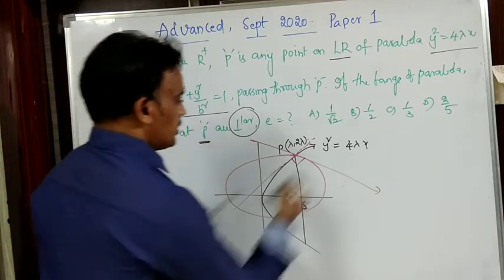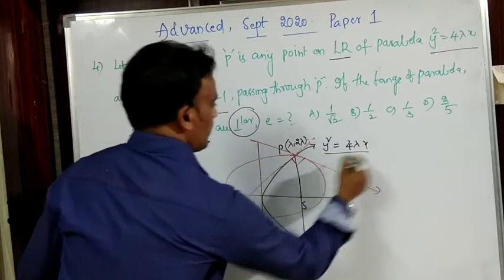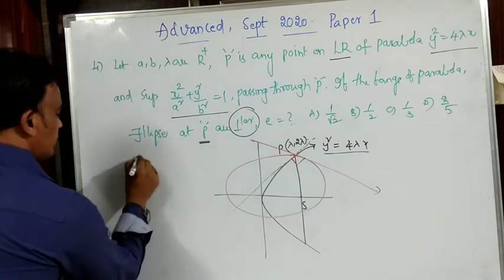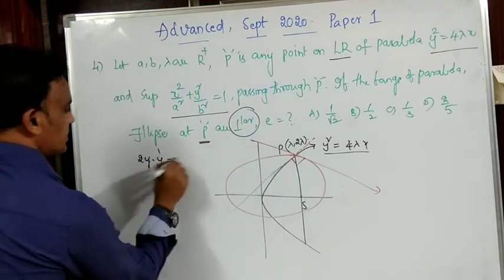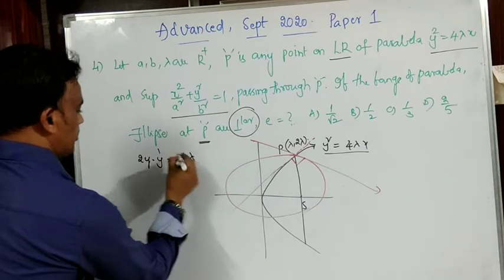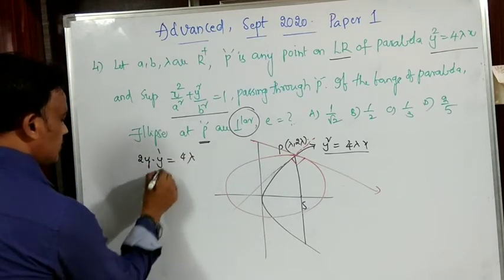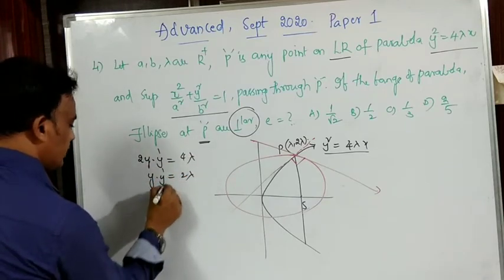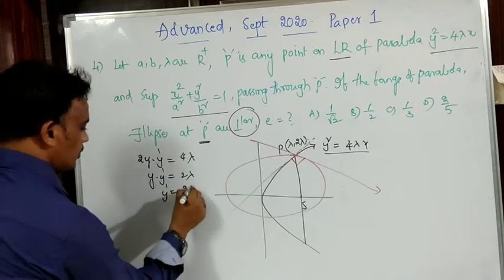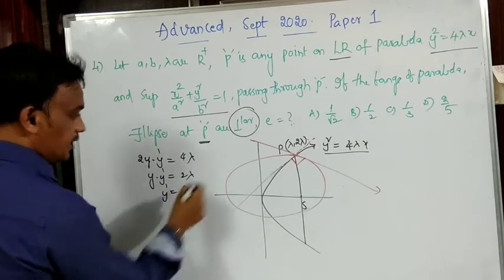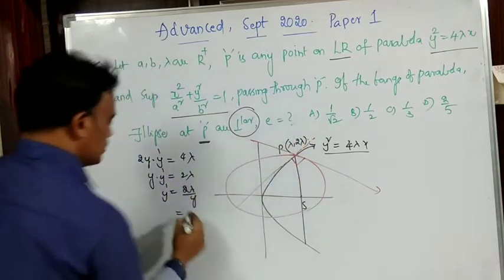First of all, take the parabola and find the slope of the tangent. Differentiating, 2y y' = 4λ, so y y' = 2λ, y' = 2λ/y. At the point P, what is the y coordinate? 2 lambda.